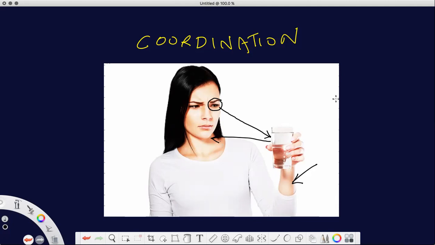So here, at least, we can list eye, hand and mouth. At least eye, hand and mouth, three body parts are involved. Now we can understand what is coordination. That is communication between different parts of the body at the right time for a particular function.